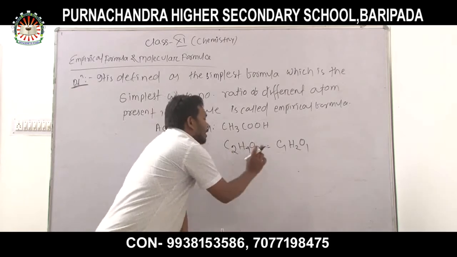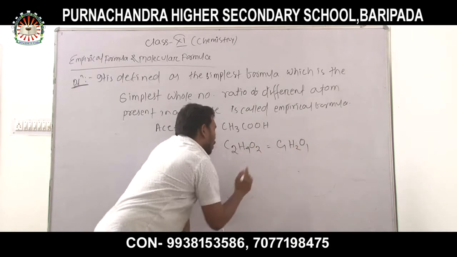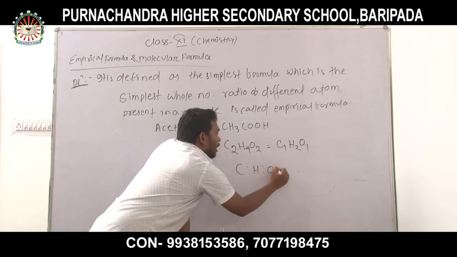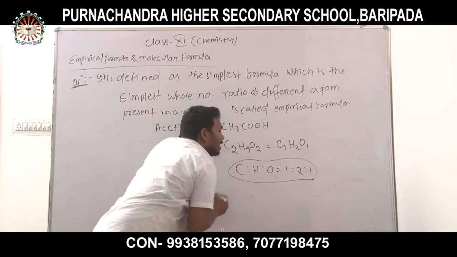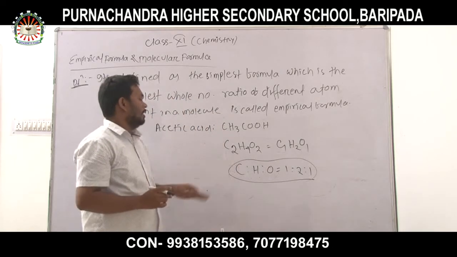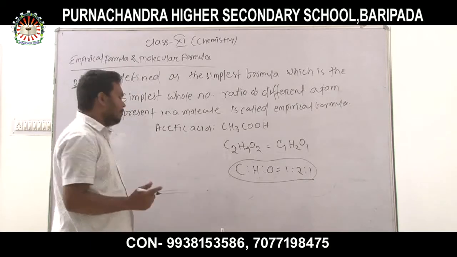Thus, its simplest whole number ratio is C1H2O1, that is C to H to O equal to 1:2:1. This is the simplest whole number ratio of acetic acid. That is the calculation of empirical formula.